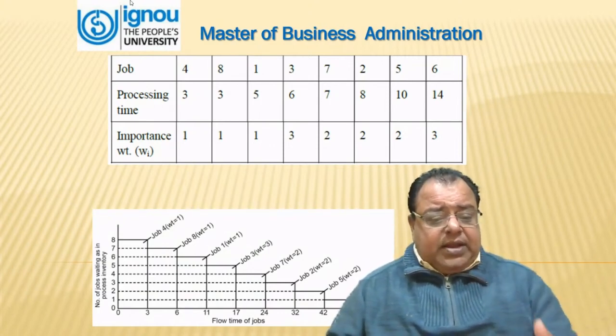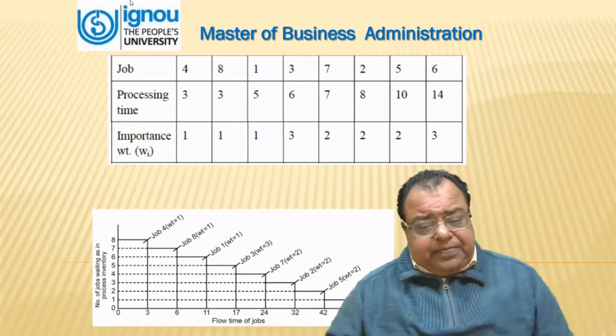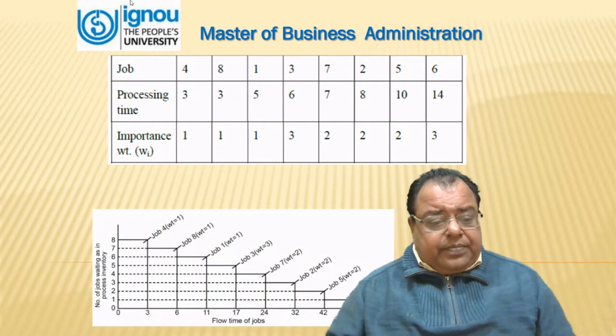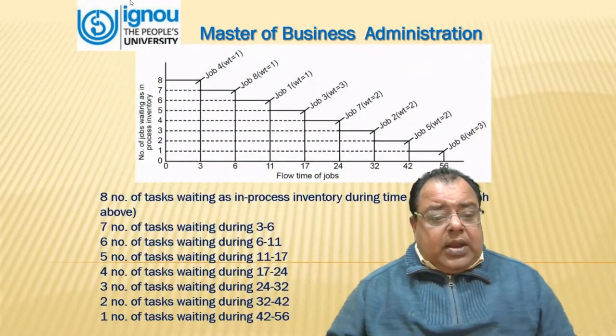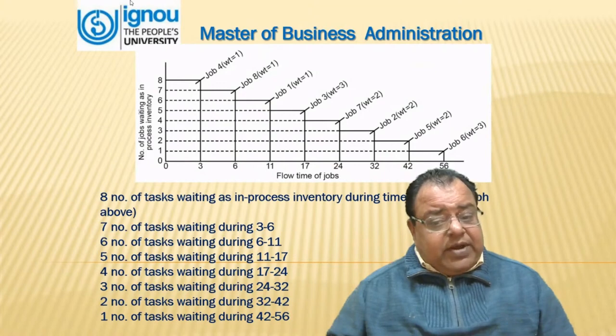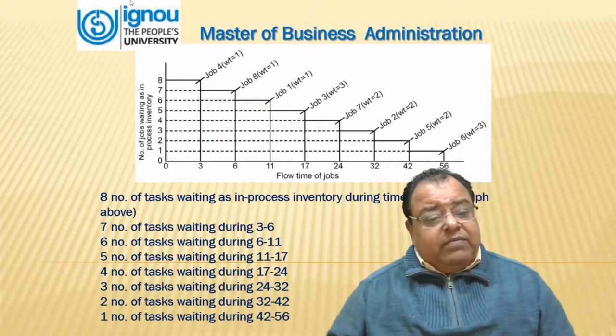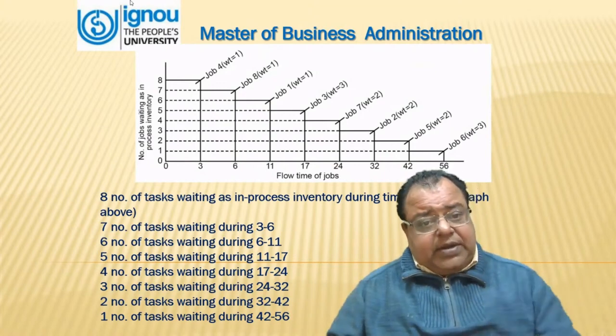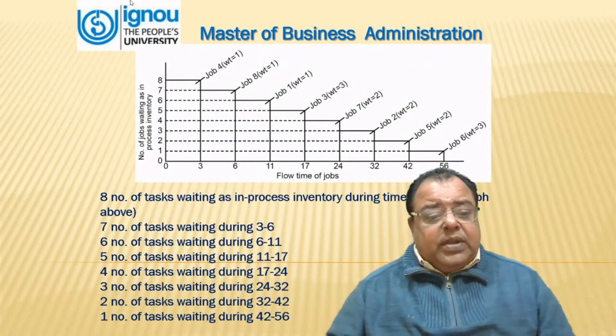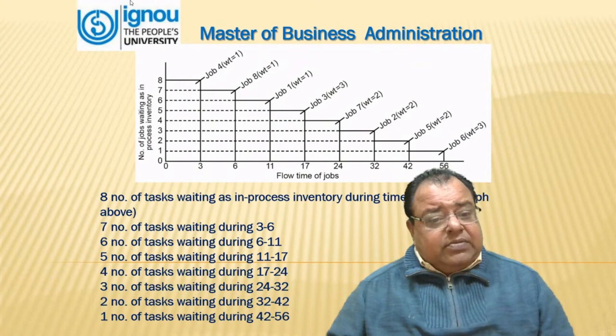This is how it will be depicted mathematically. The second picture over here depicts the time span. The number of tasks waiting as in-process inventory during time 0 to 3 weeks is 8. It's depicted on the graph. For the next interval it is 7, from 3 to 6.